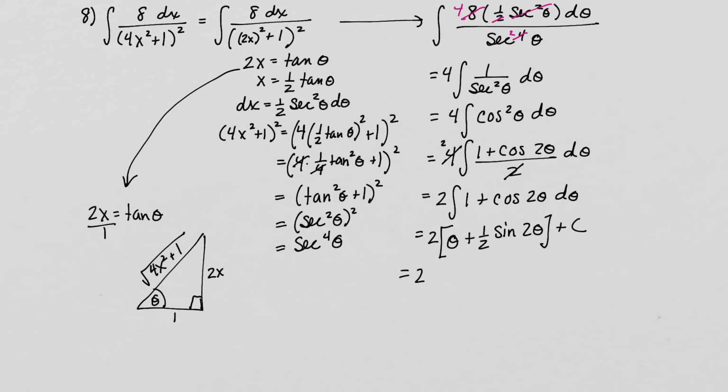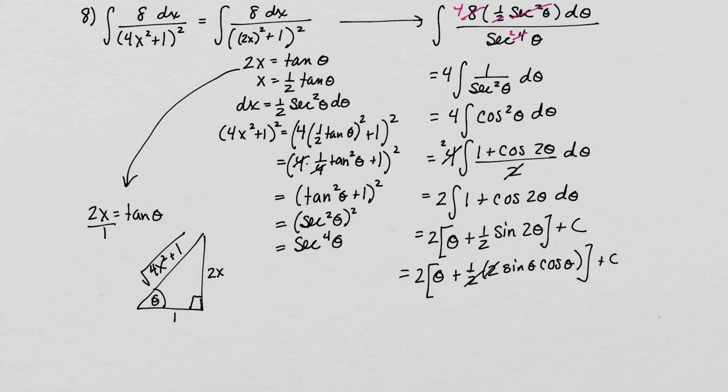And remember, I still have theta here. I'm not going to be able to figure out sine of 2 theta off of the triangle. So it's going to be theta plus 1/2 times 2 sine theta cosine theta plus c.